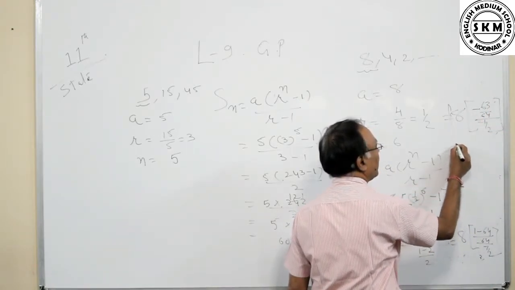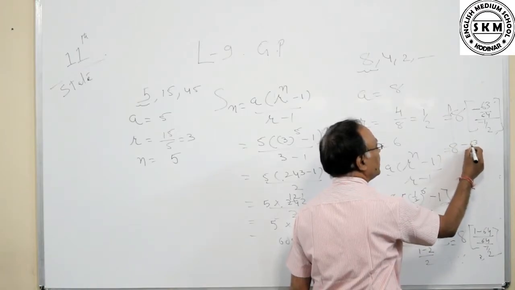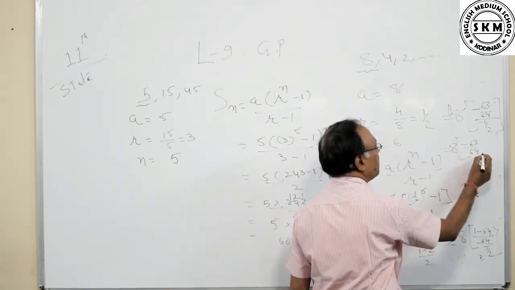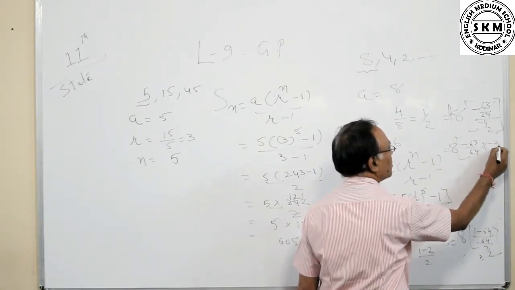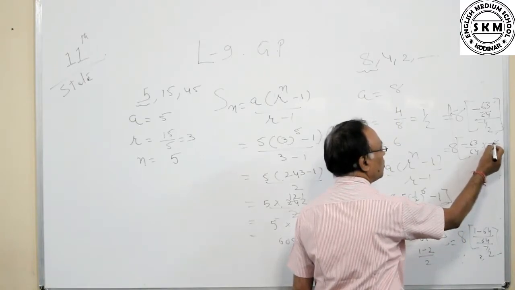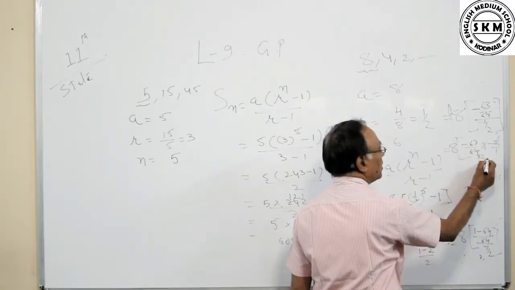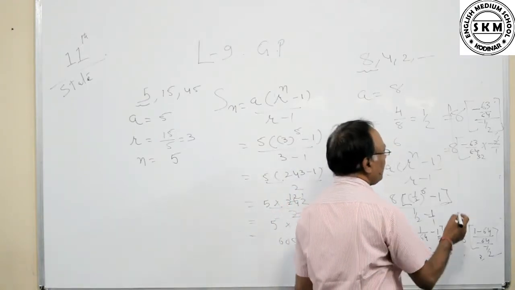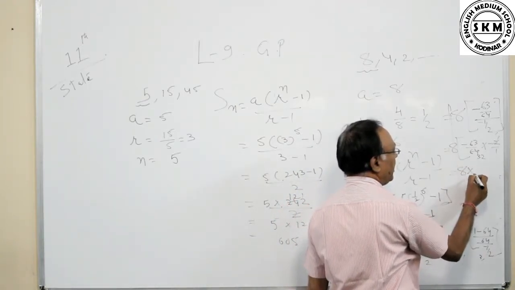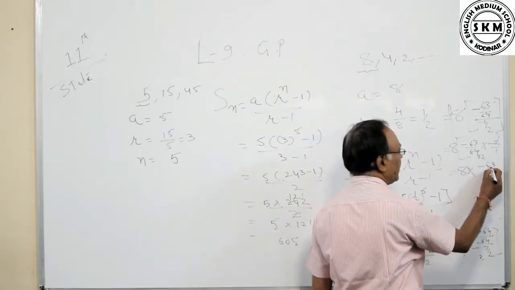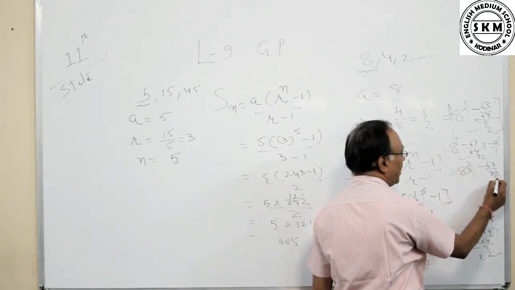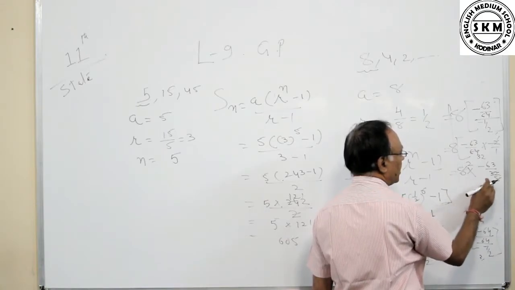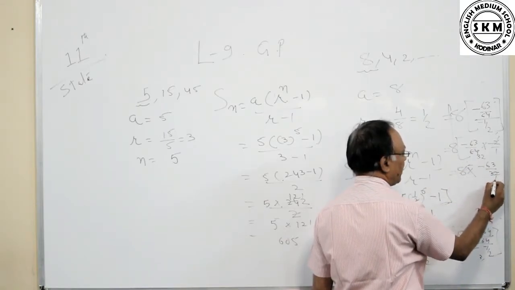Now division, convert into multiplication. So minus 63 upon 64 multiplied by minus 2 upon 1. So 8 into minus 63 upon 32. 8 fours are 32, directly we can cancel it.